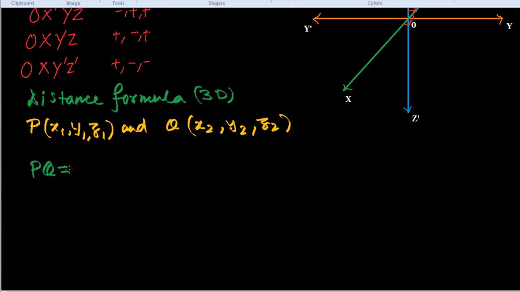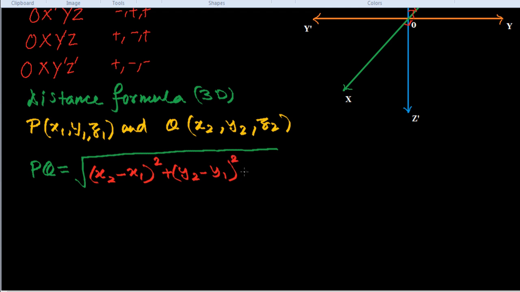For PQ, we already know the distance formula in 2D. I derived it in one of our videos. So here I just add z2 minus z1 whole square.